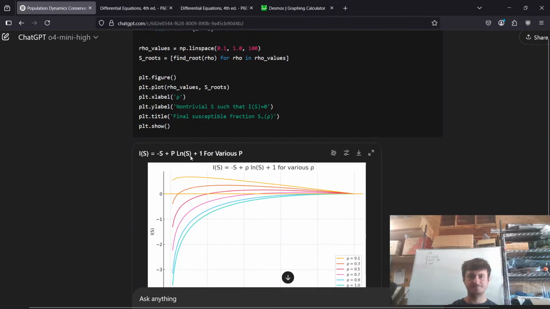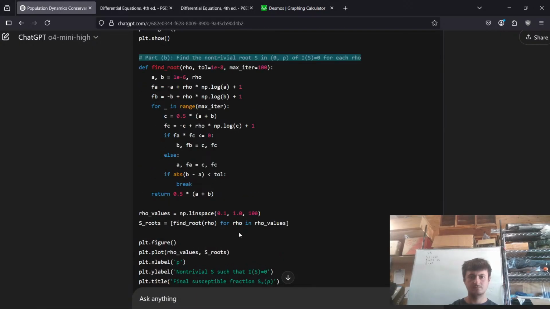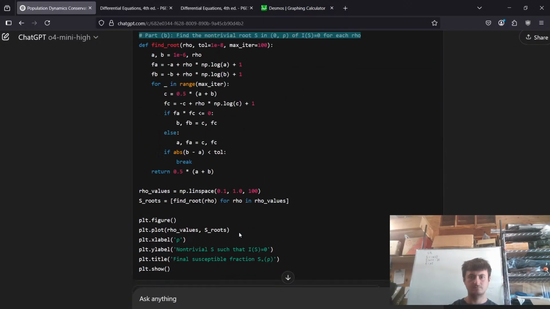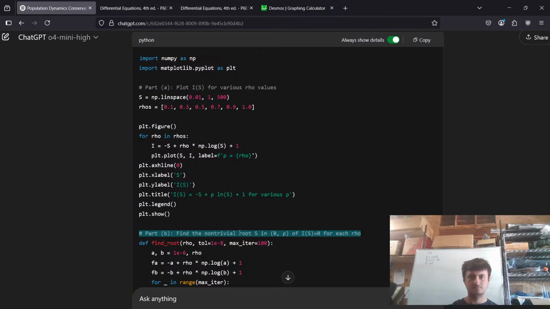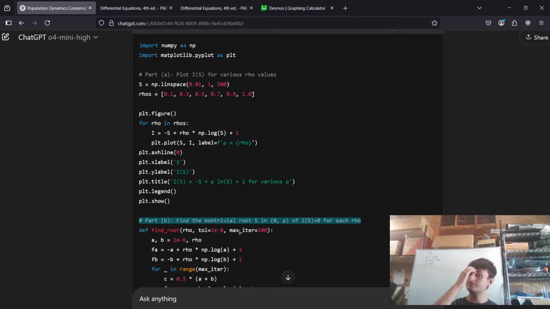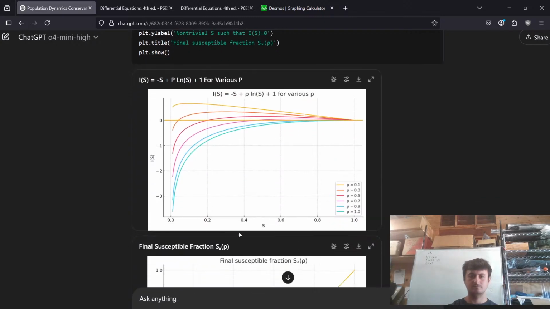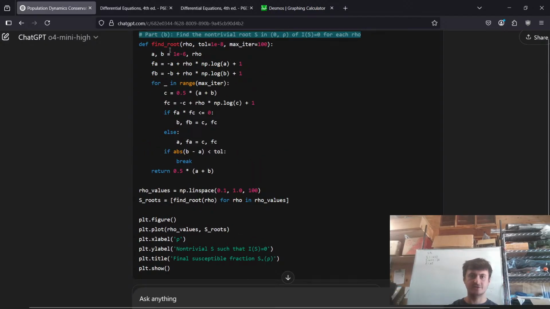That's wild. Wow, I can't believe it wrote this code.